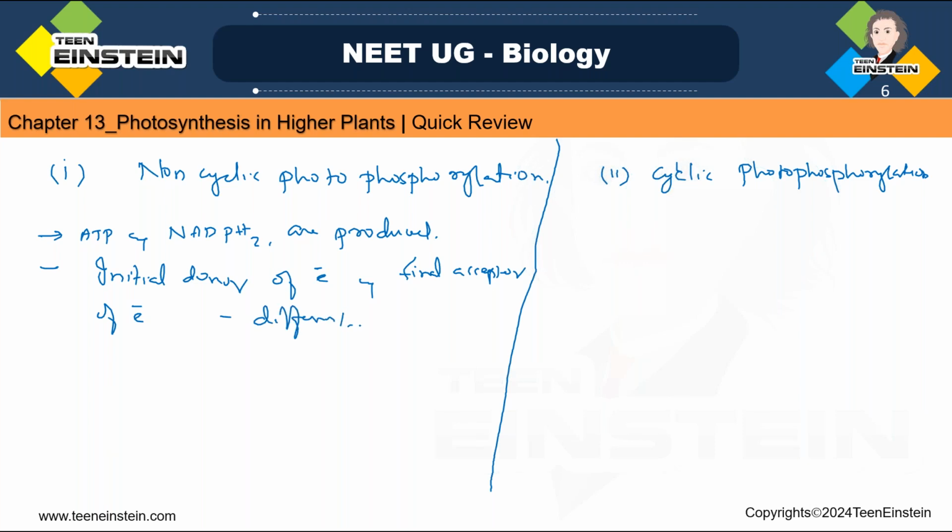In non-cyclic photophosphorylation, ATP and NADPH2 are getting produced, so the initial donor of electron and the final acceptor of electron are both different.